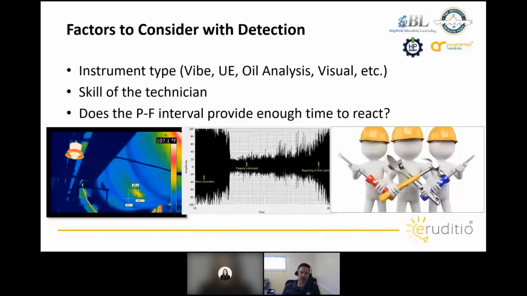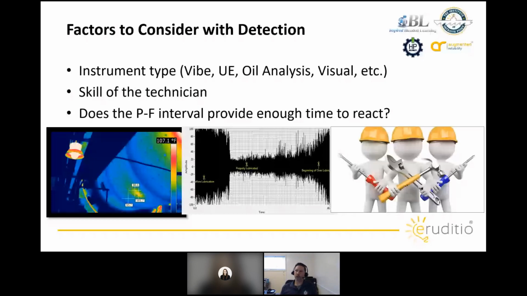Then we have to ask this critical question: does using that technology or the instrument type and the skill of the technician give us enough time to react from when we can detect it? If we cannot detect it and react in time before potential failure, we have other approaches we need to use, and we're going to take a different approach with the PF interval. All right, so we have to ask ourselves those questions first.